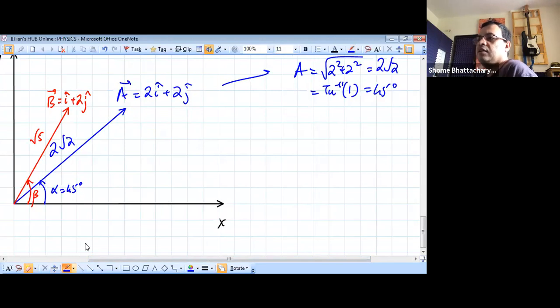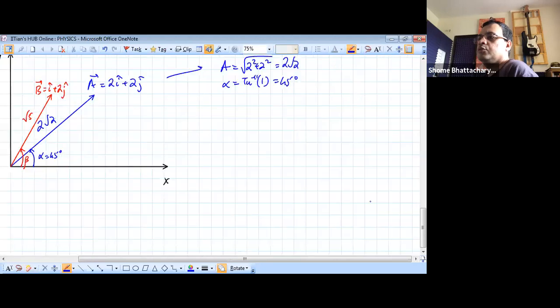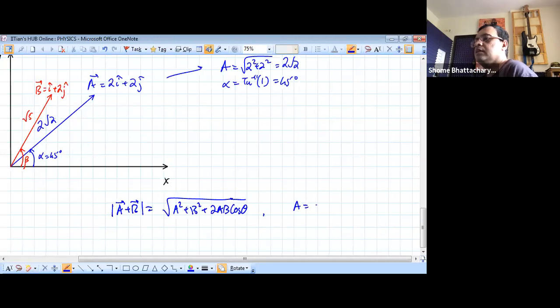Now to apply triangle law, if you want to apply triangle law here, you have to find out theta, because magnitude of A plus B will be root of A square plus B square plus 2AB cos theta. In this, mod A I know is 2 root 2, mod B I know is root 5, but what about theta? So in the diagram you can see theta is this angle. Theta is the angle between the vectors A and B, this one.